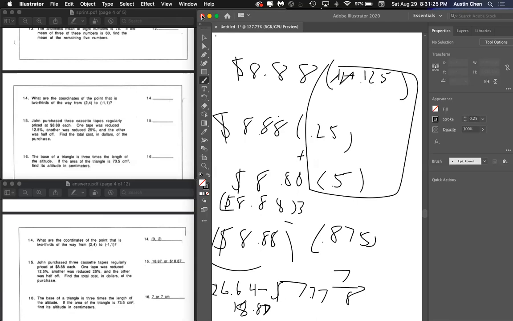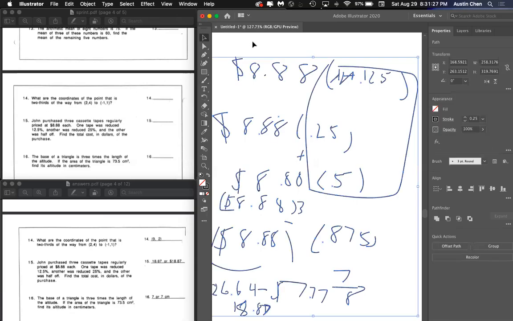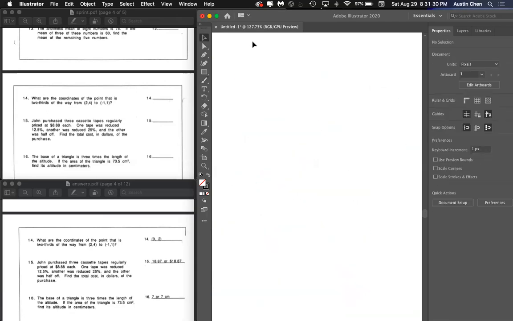So in this case here, all of the percentages are really 1/8, 1/4, and 1/2. And so they're relatively easy to find the price of individual cassette tapes because they're all just direct fractions. So the first one is 7.77, the second one is 6.66, and the third one is 4.44.